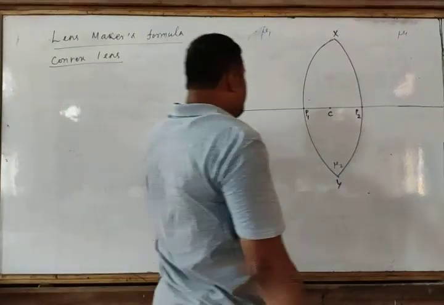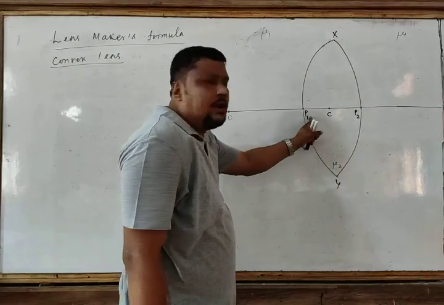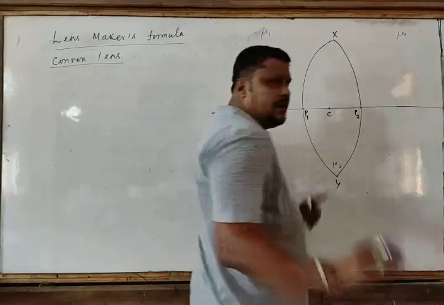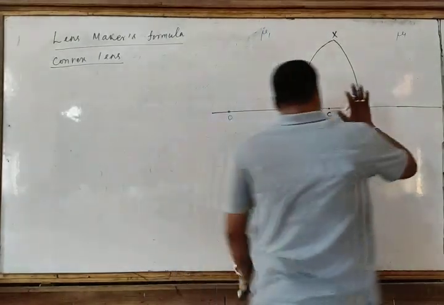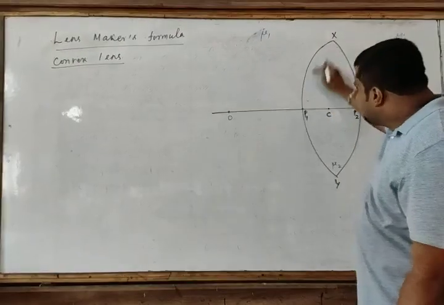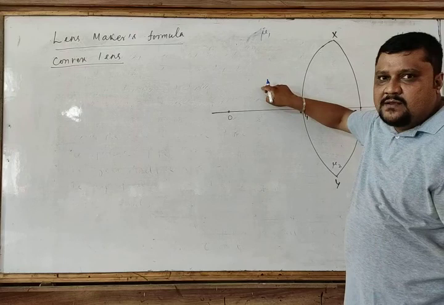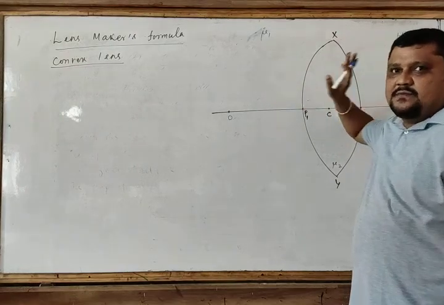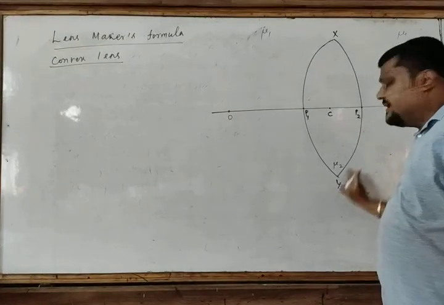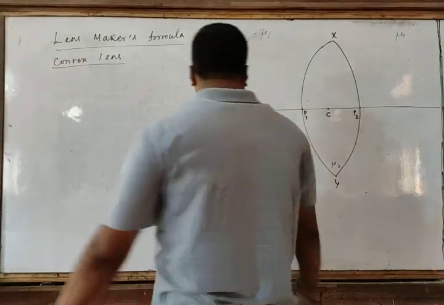Let us consider an object O placed at a distance u from the pole P1 for the surface X P1 Y. First I am deriving this assuming refraction through a single convex surface, imagining that the surface X P2 Y is not there. Now we draw the ray diagram.